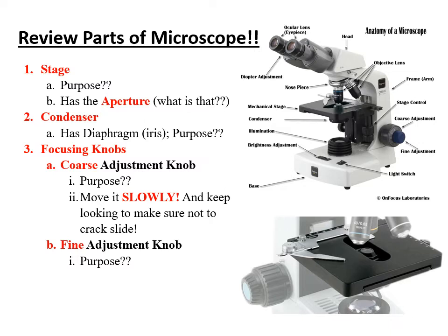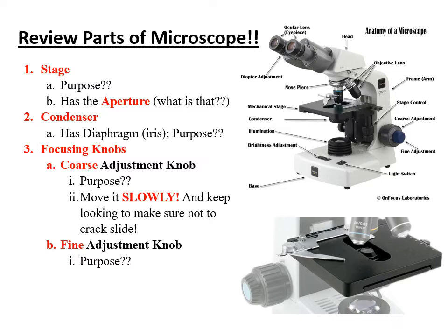Now keep in mind, because it's a big knob moving big distances, you want to move the coarse adjustment knob very slowly. Otherwise, you risk cracking the slide. And that's something I'm not kidding about. I have heard the sound of that dreaded crack as a student ends up moving the coarse adjustment knob too quickly. Okay?